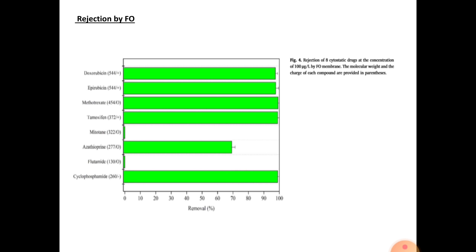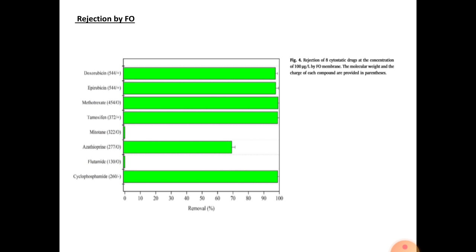If we see in the slide, the compounds that have a molecular weight of 370 Dalton or greater are effectively removed by the forward osmosis membrane, maybe due to size exclusion.